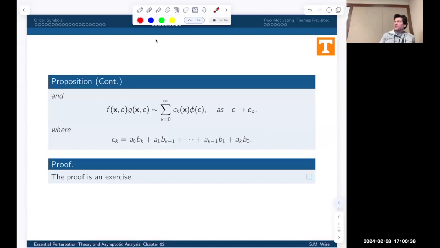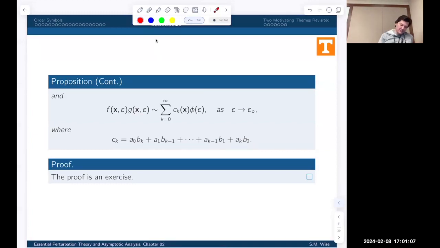If I multiply two functions together who have asymptotic series approximations, then their series approximations multiply. And we have this product series where c_k is just equal to this expansion.